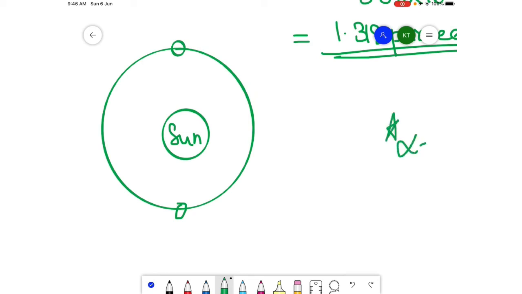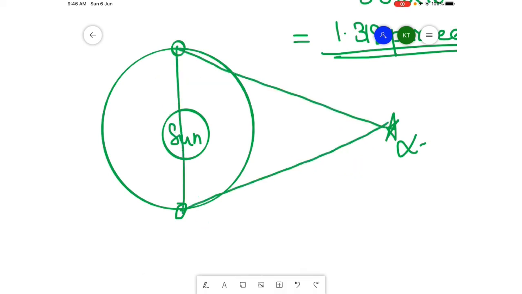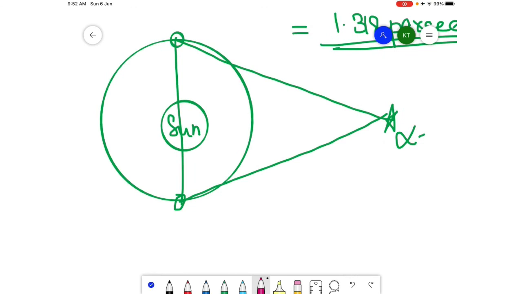We've got Alpha Centauri here. This is a star. It is 4.29 light years away. So from two positions, that's the question. Okay, so we have to find out the parallax from the two different positions of the Earth 6 months apart. So this is theta. This is also theta. So the total parallax angle that we have to find is 2 theta.